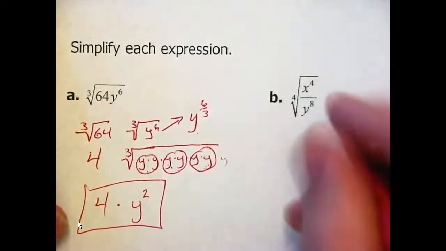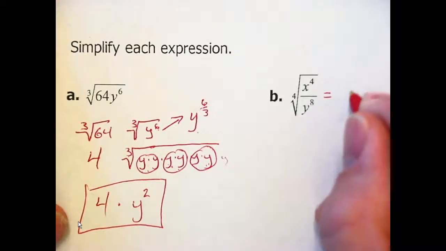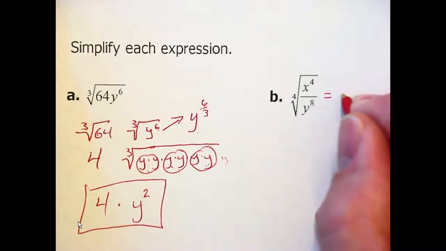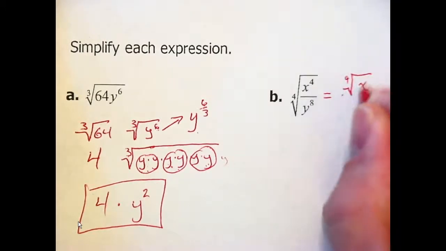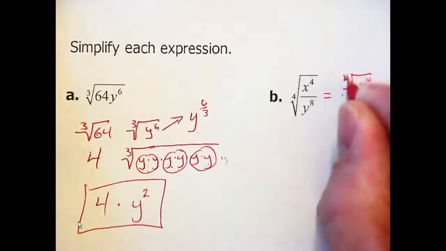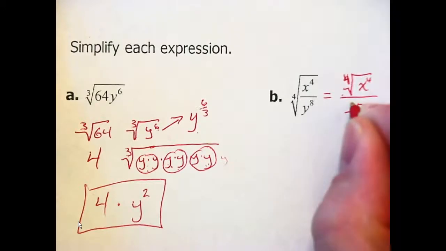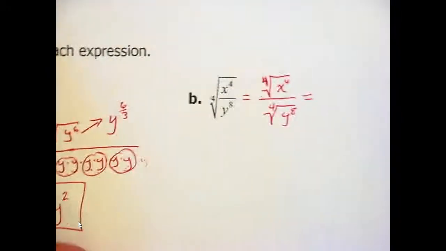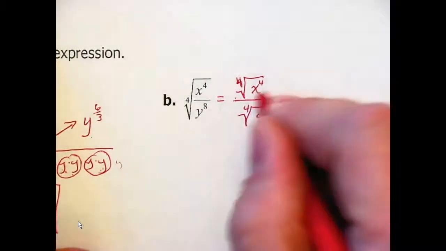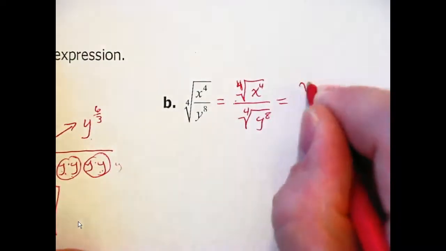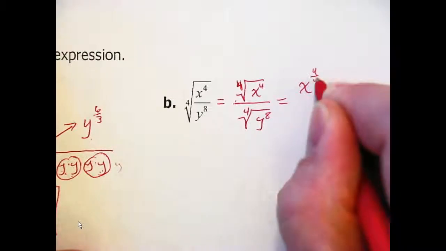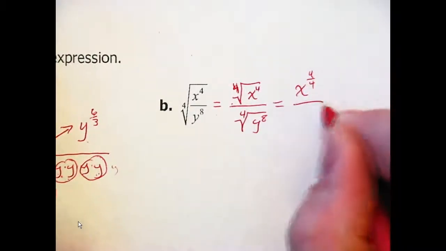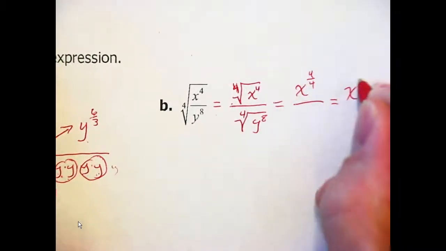So if I'm applying what Zach just said there, first let's break it up. The 4th root of x to the 4th, and the 4th root of y to the 8th. I could rewrite that exponentially as, rather than the 4th root of x to the 4th, x to the 4 over 4, which is x to the 1st, or just x.